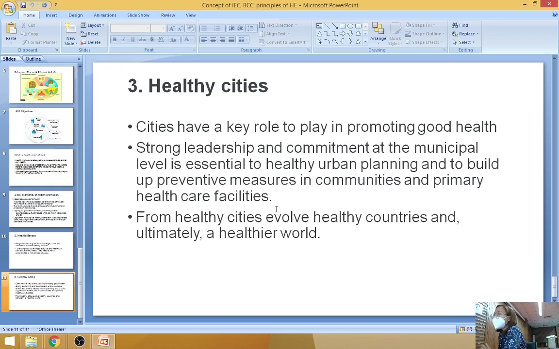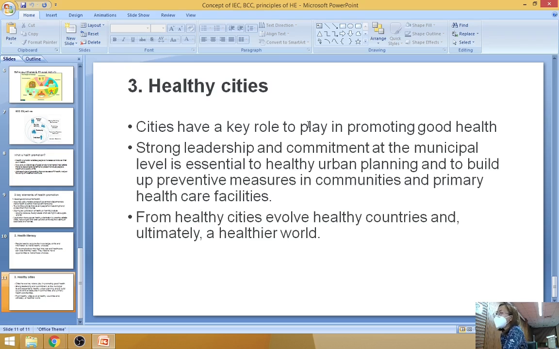Then healthy cities. Cities play a very important role in promoting good health. Strong leadership and commitment at the municipal level is essential to healthy urban planning and to build up preventive measures in community and primary health care facilities. From healthy cities, we will go to healthy countries and then to a healthier world.